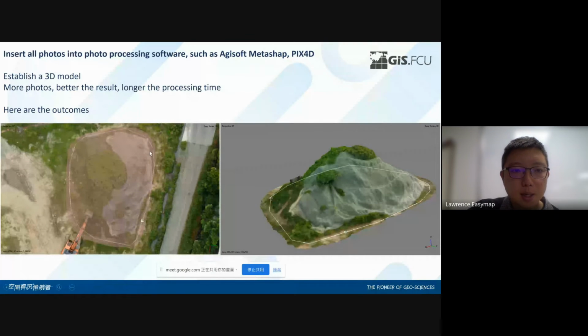On the left-hand side of the picture, you can see I used some pink color to circle an area, and we can select such an area and turn it into the 3D model that you can see on the right-hand side. So what can we do, and what kind of results can we get through such a 3D model?